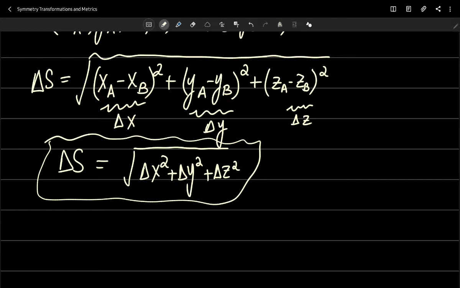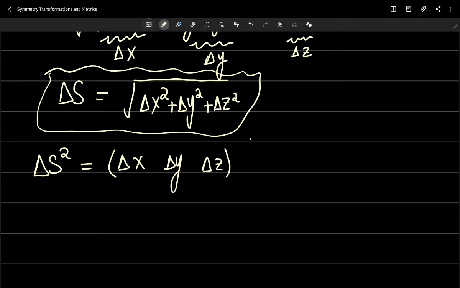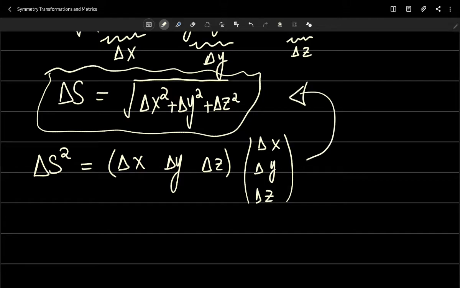And for that, you should consider that delta S squared is expressed as the row matrix delta X, delta Y, delta Z times this column matrix delta X, delta Y, delta Z, right? So if you take this product of these two matrices, you end up back in this way, right? So again, we're deconstructing this thing.